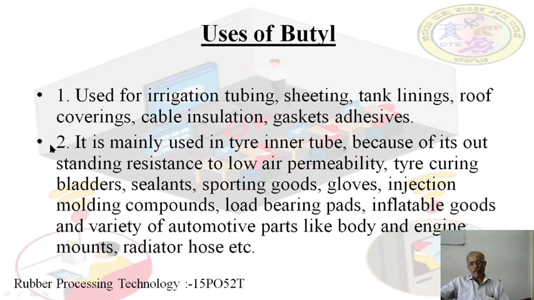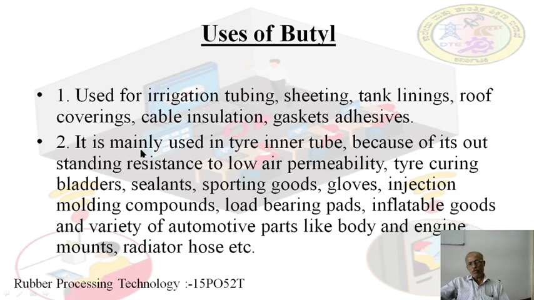Uses of butyl. One, used for irrigation tubing, that is in agriculture, sheeting, tank linings, roof coverings, cable insulation, gaskets and adhesives.